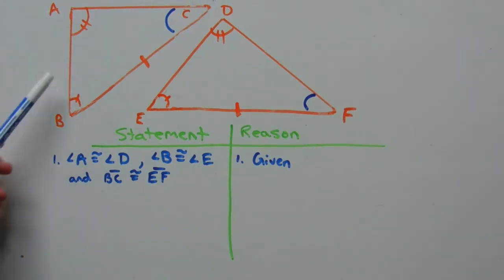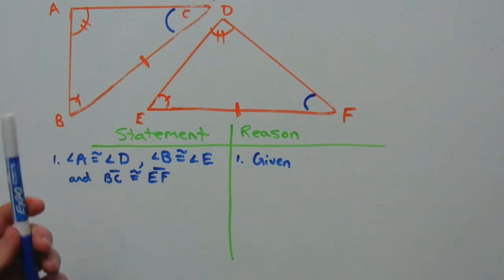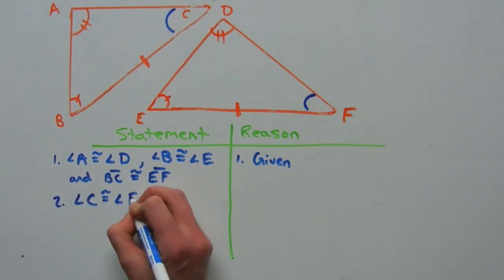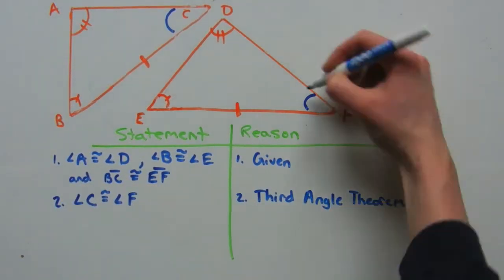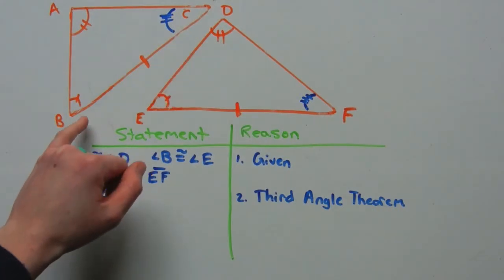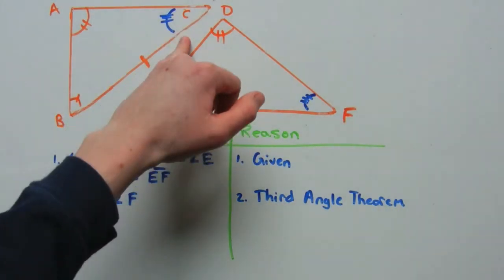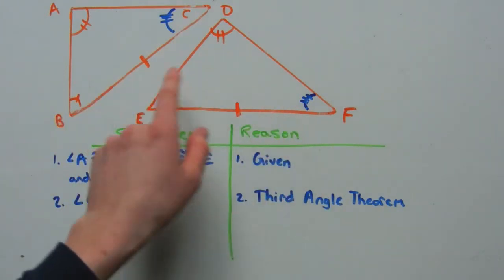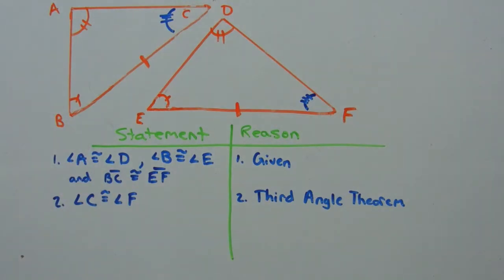If we already know two angles within a triangle, we know that the last angle would be congruent to the last angle of another triangle. And that's by the third angle theorem. So now we have angle, side, angle and angle, side, angle, where the angles are congruent and the included side is congruent, so we can use the angle-side-angle postulate to say that the two triangles are congruent.